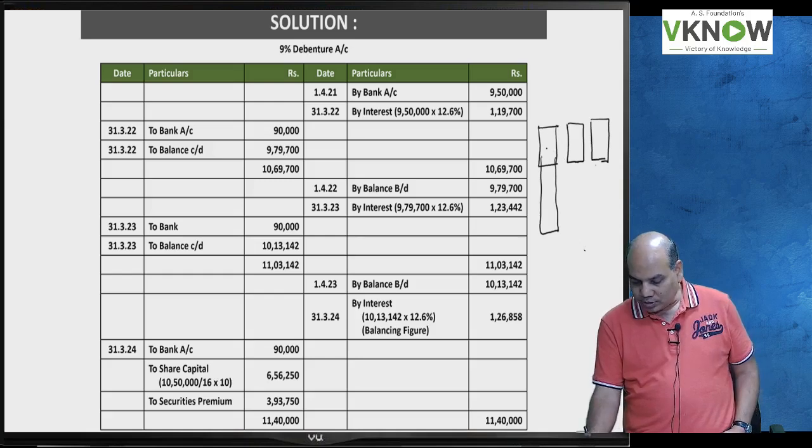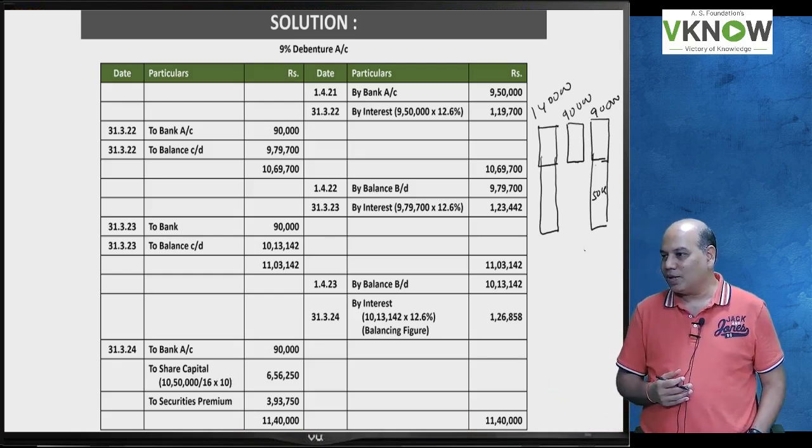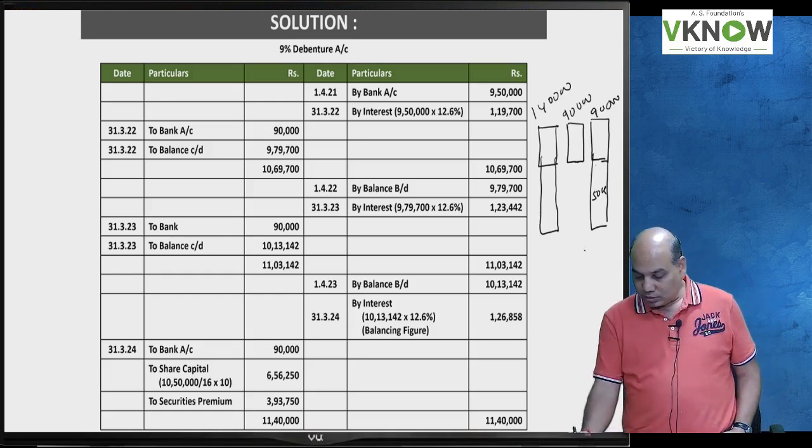So in intermediate you would have recognized 1,40,000 in the first year as expense, 50 plus 90. Then you would have recognized 90, and in the last year you would have recognized further expense because you are paying more, so that 50,000 liability you have to first increase by 50,000. So my total is 1,40,000 here.